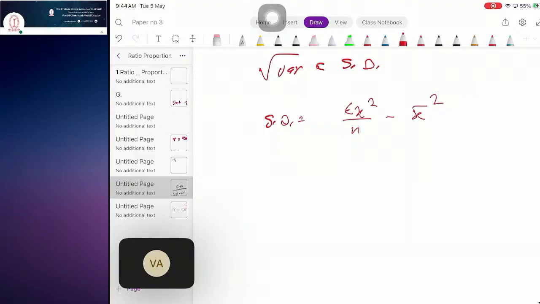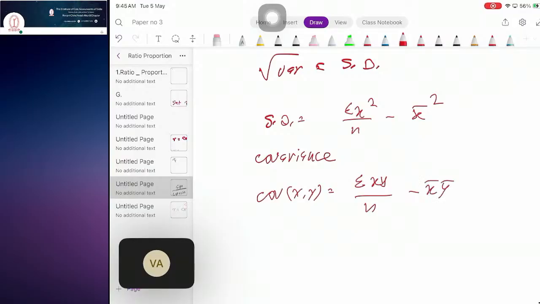Now what is the concept of covariance? When there are two variables interrelated with each other, we have covariance, and the formula is very simple: covariance of x comma y is summation of x into y upon n minus x bar y bar. Using this formula we can find the values of covariance.